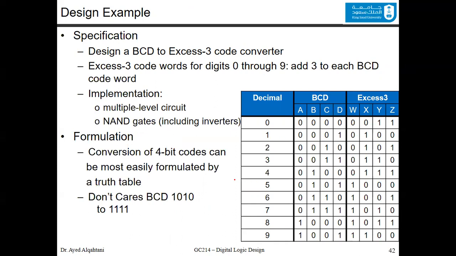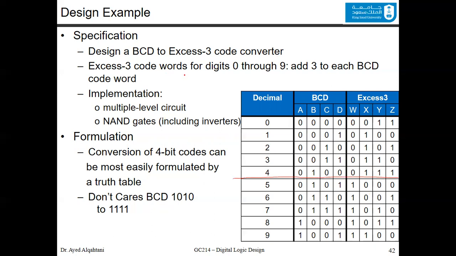And if you remember, we divided the truth table into 2, and one of the properties of X3 is that the 0 is the opposite of the 9, and so on. So this is the X3, and you want to design a BCD to X3 code converter.